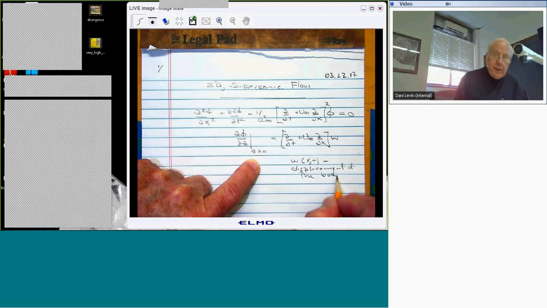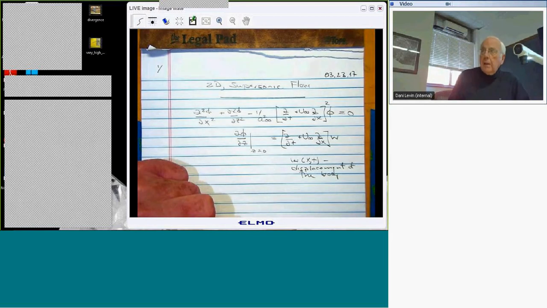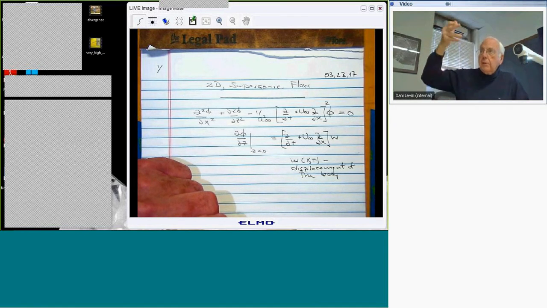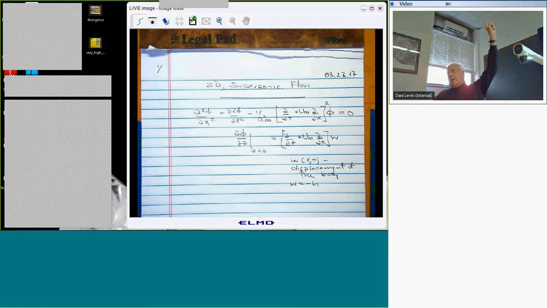And in particular, if I had an airfoil that's very thin and is plunging through a displacement h and rotating or pitching through an angle alpha, then in particular w is minus h, where we take w positive up and h positive down because everyone else in the world does it, even though I wouldn't have done it that way myself had I been in charge back in the day, but nevertheless we're stuck with that convention.